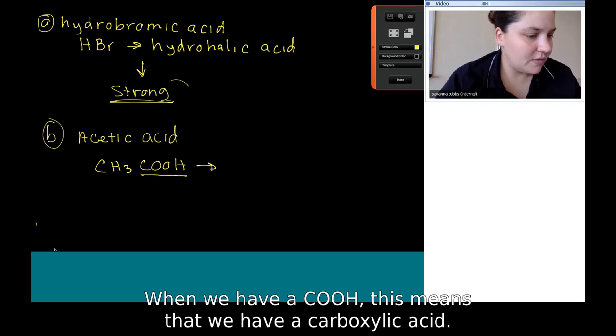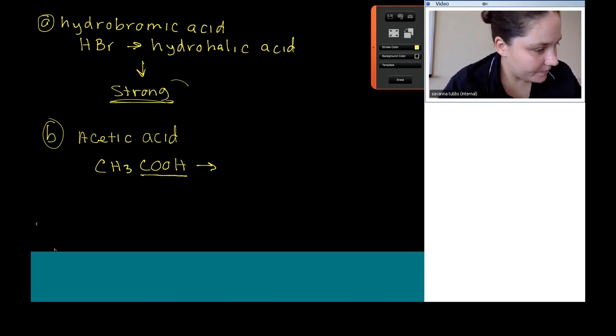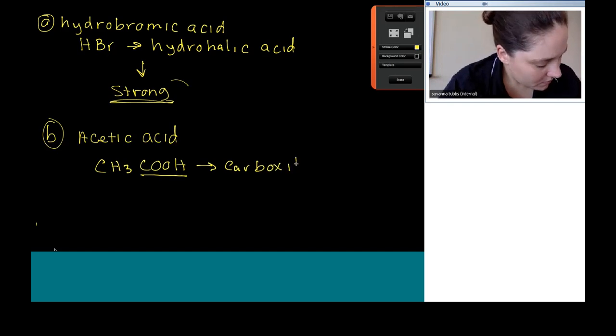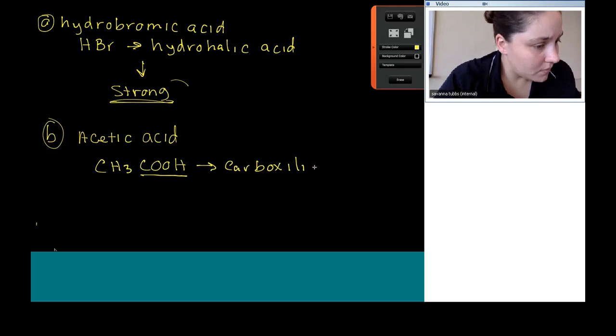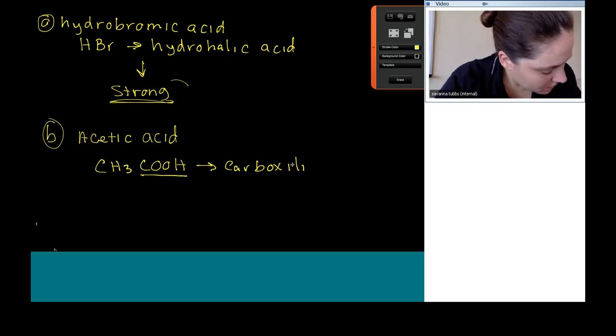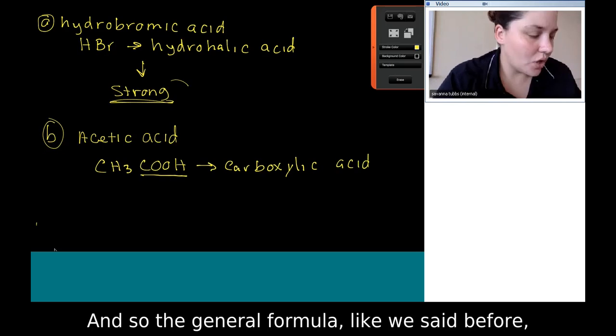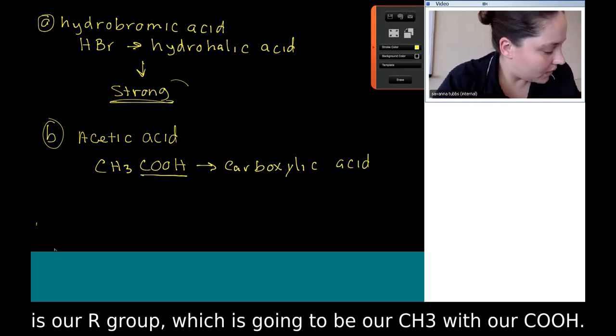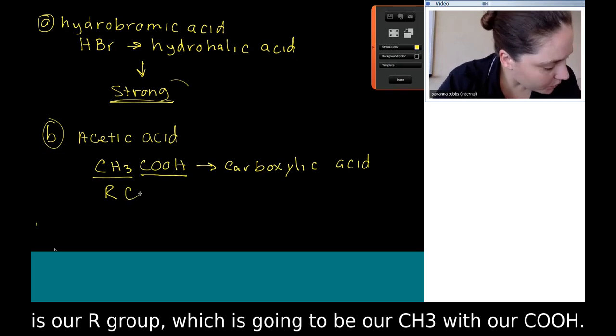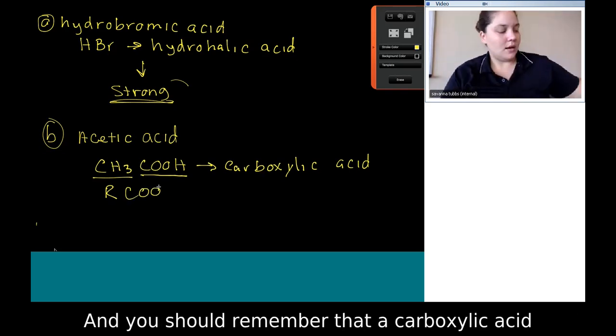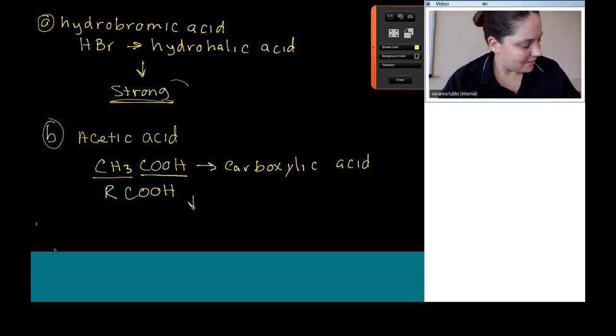When we have a COO, this means that we have a carboxylic acid. And so the general formula, like we said before, is our R group, which is going to be our CH3 with our COOH. And you should remember that a carboxylic acid is going to be a weak acid.